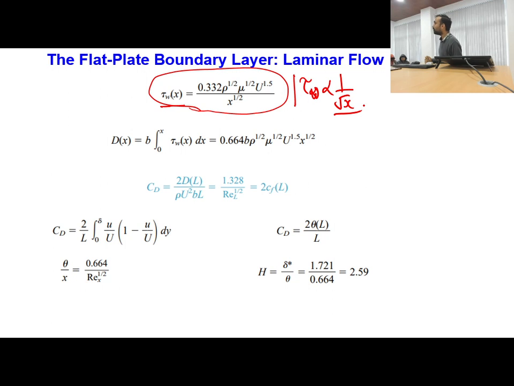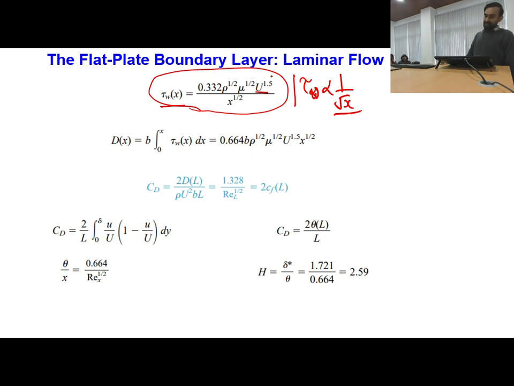It was proportional to u or independent of u? It was proportional to u. On the contrary, here wall shear stress is proportional to u power 1.5. So these are the comparisons which we can make for external flow from the analogy of internal flow.